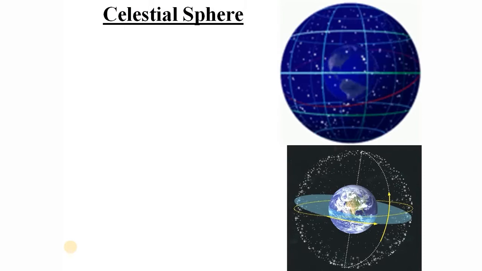For that, consider figure 1. Here we can see the Earth. Suppose you are standing on Earth and observing the sky. You usually feel that all the objects in the sky, in space, are pasted on some spherical surface.